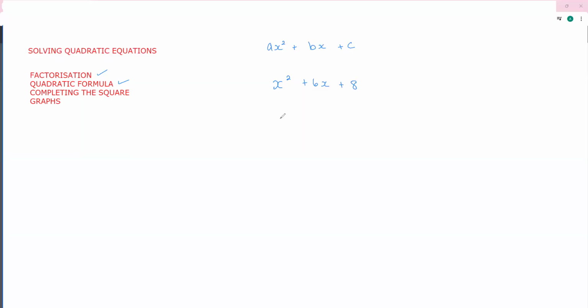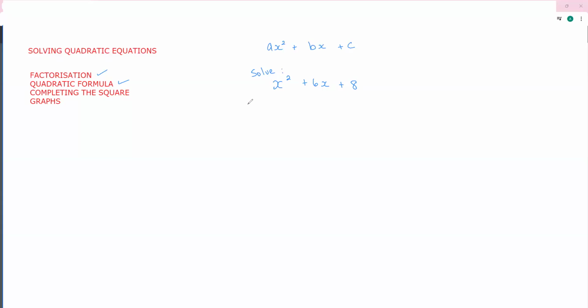Now, they may ask you to factorize. If they tell you to factorize a quadratic equation, it means that they want you to factorize it. However, anytime they say solve, it means that they want the value of it.